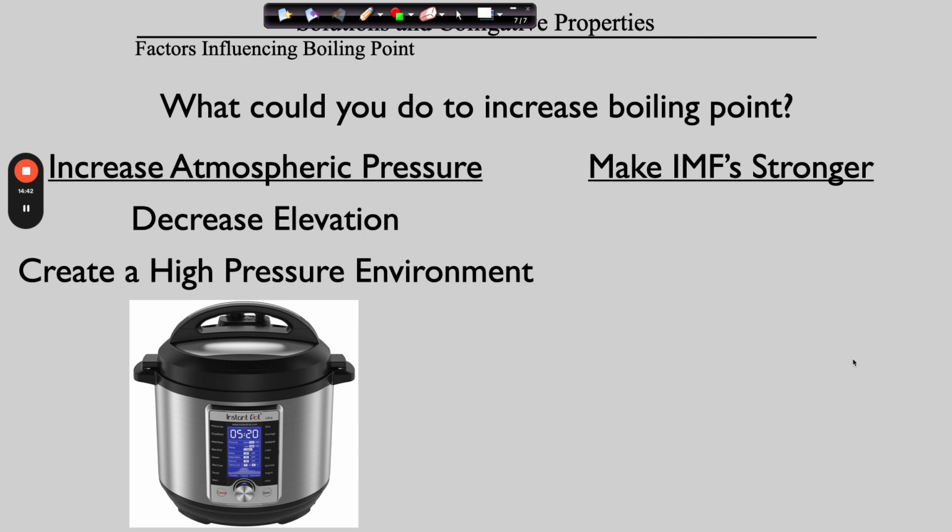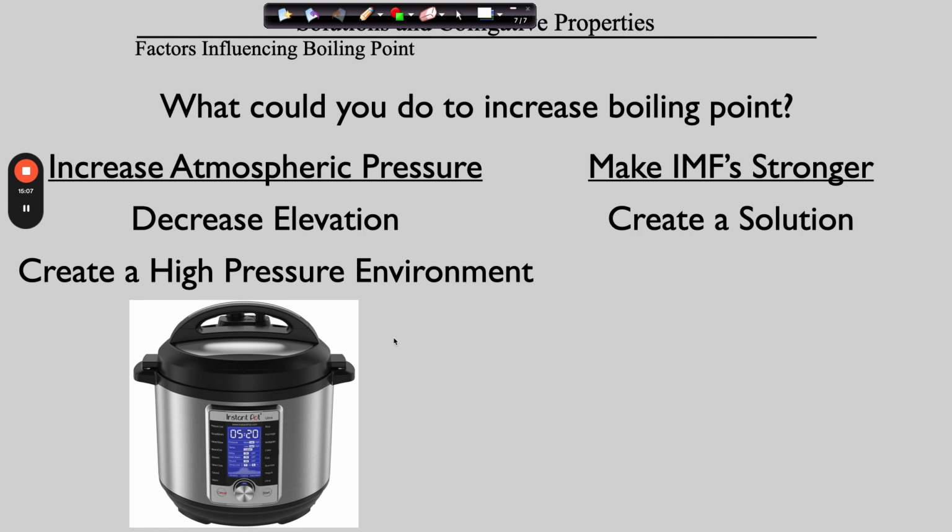So how do we do that? How do we make the intermolecular forces inside of water stronger? And guys, the answer is interesting. You make a solution. You dissolve sugar in water and the boiling point goes up. You dissolve salt in water and the boiling point goes up.